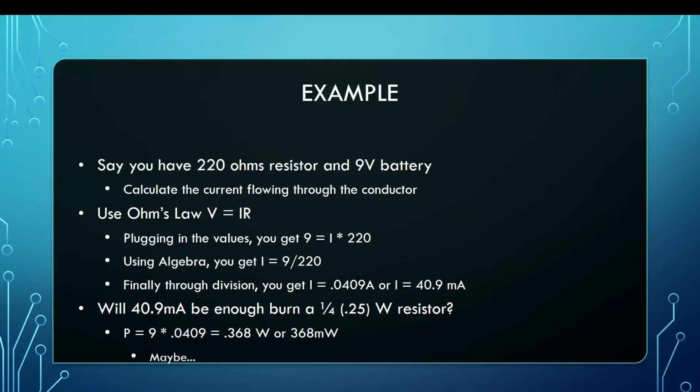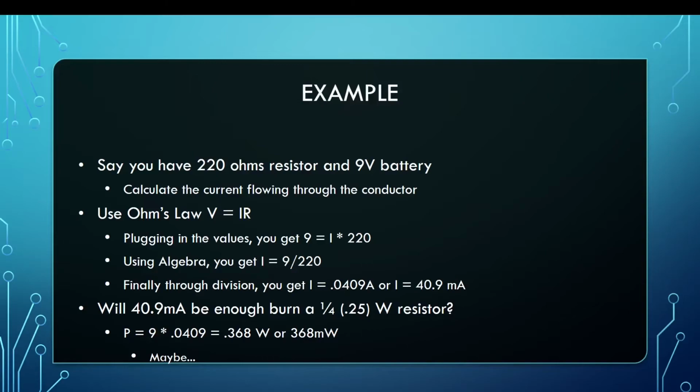As in the previous slides, it's basically I equals V over R. V is 9 and R is 220. Finally, through division, you get I equals 0.0409 amps, or I equals 40.9 milliamps.